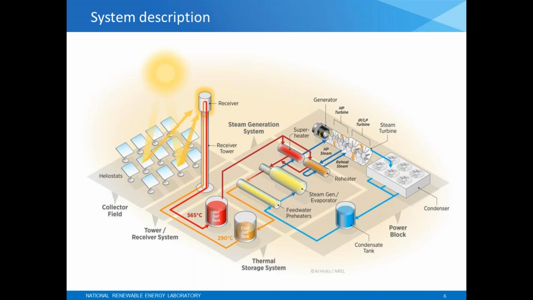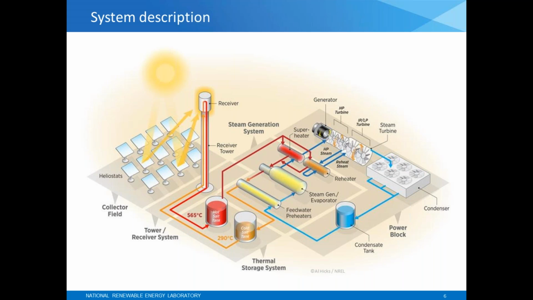But just to give a quick outline of what SAM models in this particular technology, it's shown here. We've got a molten salt power tower system, or MSPT, as I'll abbreviate it later, which consists of a heliostat field, which is a bunch of mirrors that track a reflecting vector between the sun and the tower.